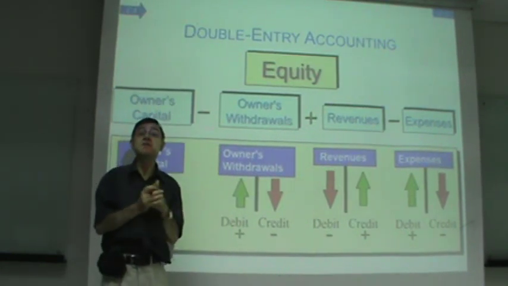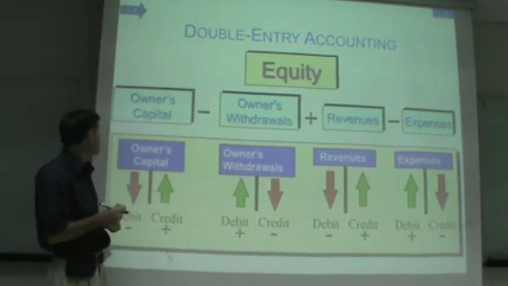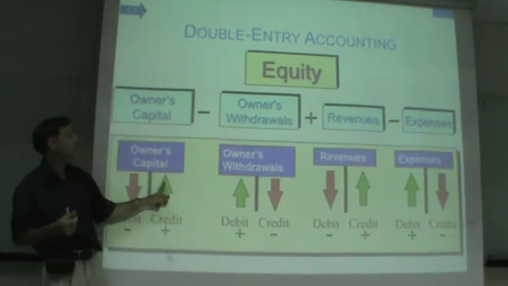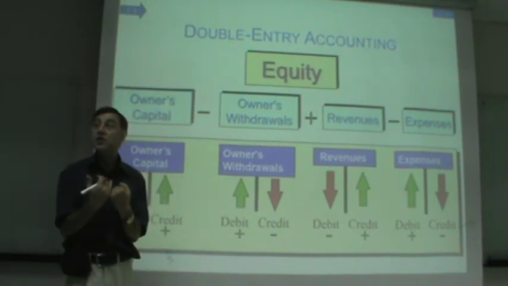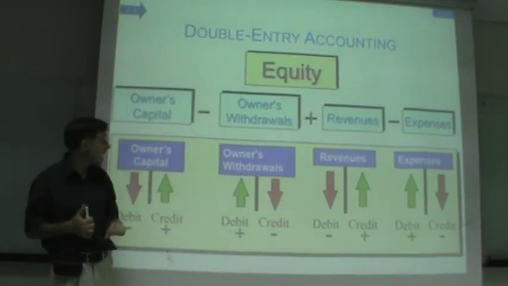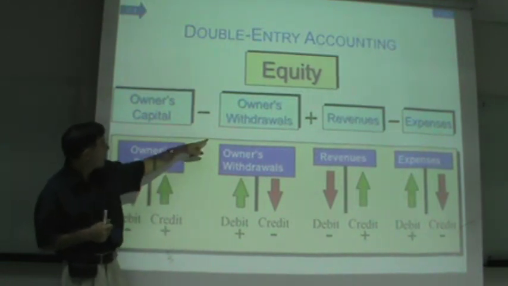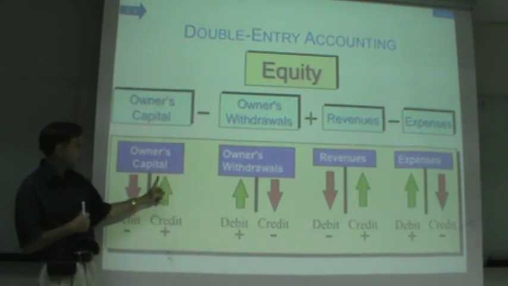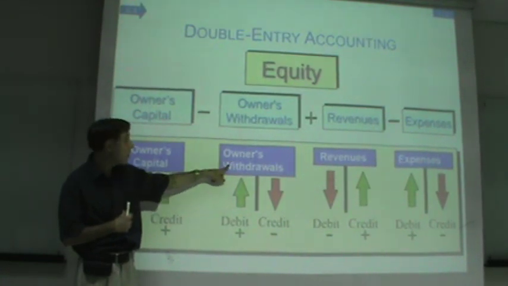So when you make an investment, equity goes up, and when equity goes up, you have credit. Okay? Now, when the owner is withdrawing, the withdrawal means that equity goes down. And when equity goes down, for owner's withdrawal, you have a debit. For investment, you credit, it goes up. Here, you got a debit. So the withdrawal will increase.